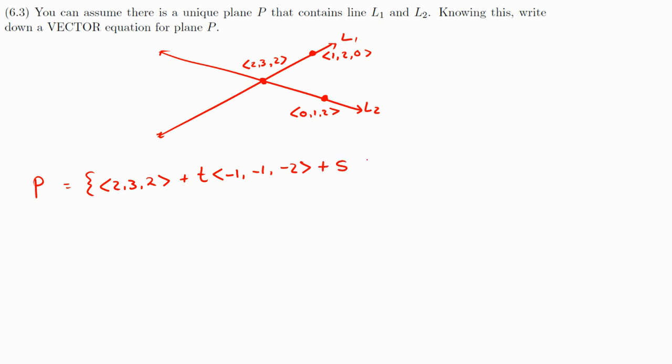Remember, there's two lines we have to parameterize. So S will be 0 minus 2 is minus 2, and then 1 minus 3 is minus 2, and then 2 minus 2 is 0. And this is all for S, T elements of R. And that's how I would define this plane.